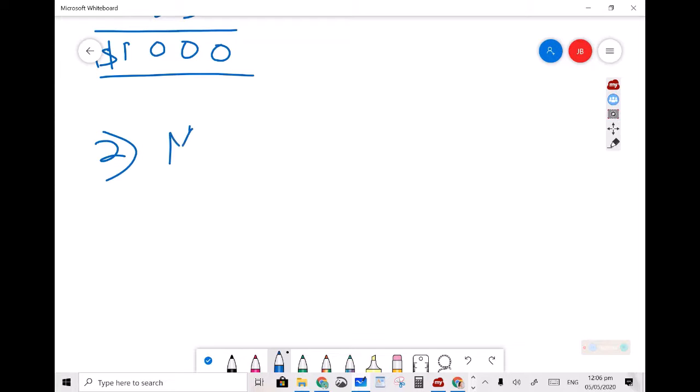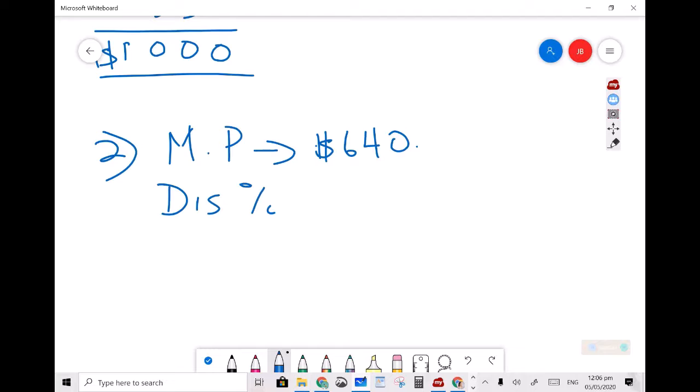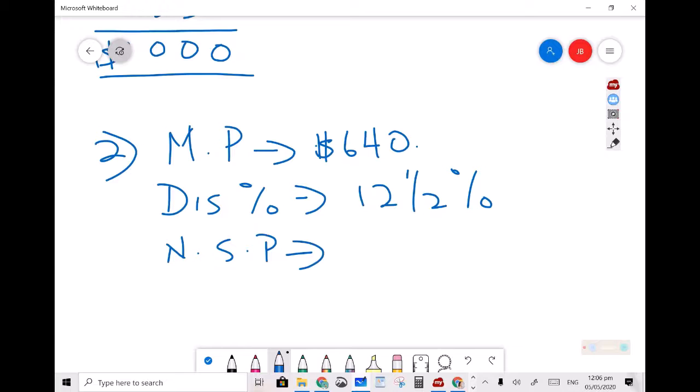Okay, so our marked price for this question is $640. Our discount percent is 12.5%. Our new selling price is what we have to calculate.